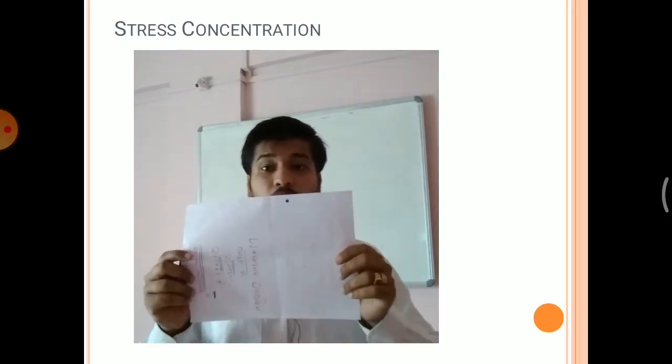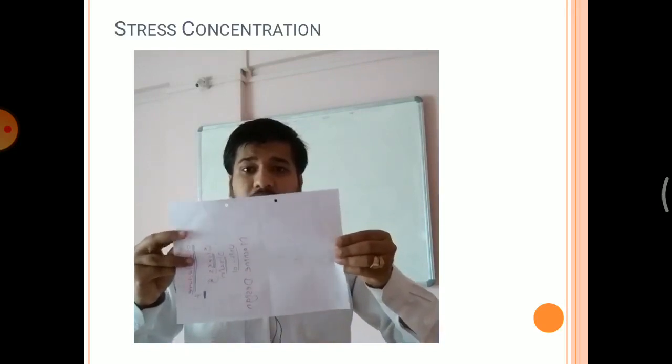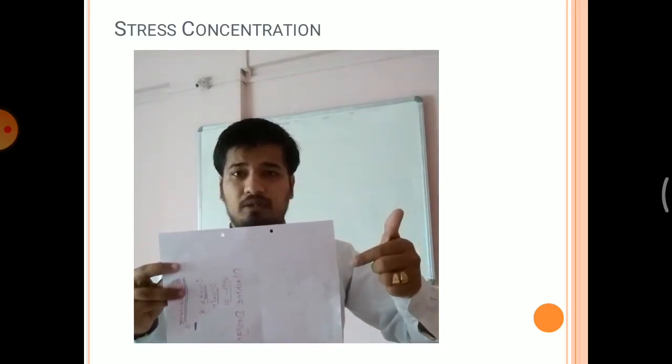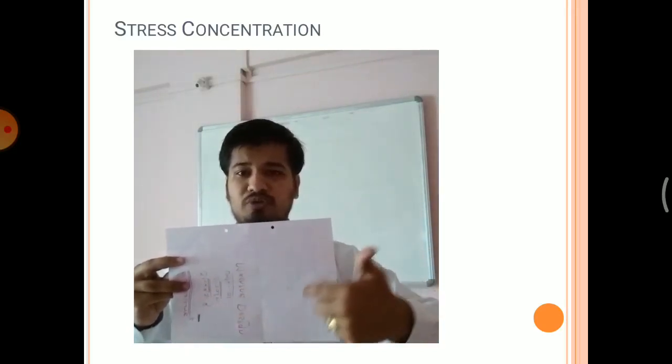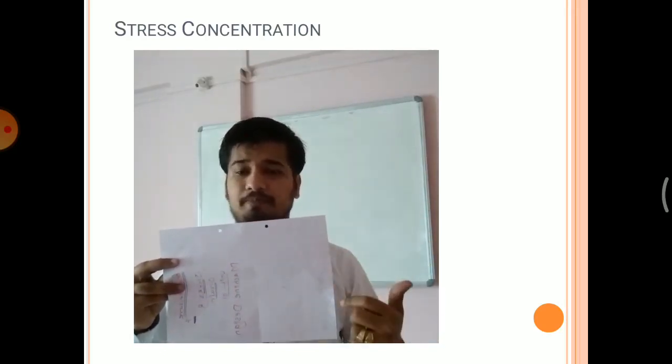Why is it so? Because when we apply load, due to that load, the stresses which are produced inside the material are evenly distributed throughout the section.